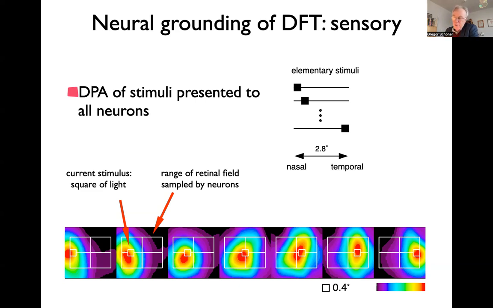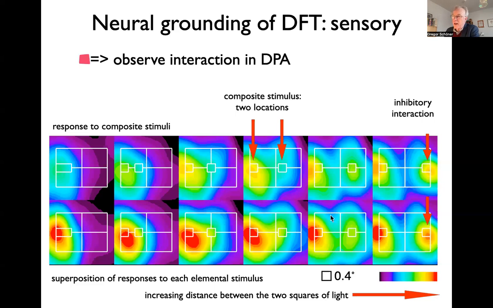And if you do that, you can ask interesting questions, for instance, about time courses. And here I just want to highlight one aspect in which we had composite stimuli that had two locations. Here, these two locations of brightness were presented. And so we're comparing here on top the response to this composite stimulus with on the bottom the superposition of the individual responses to just the left or just the right stimulus.